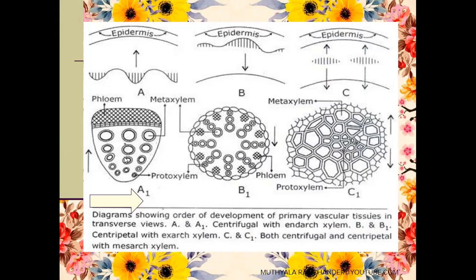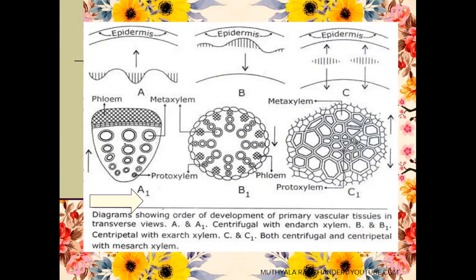This type of endarch protoxylem is present in all shoot anatomy. The second one is exarch protoxylem. Exarch protoxylem means protoxylem is present towards the epidermal region, and at the same time metaxylem is present towards the center of the plant anatomy.